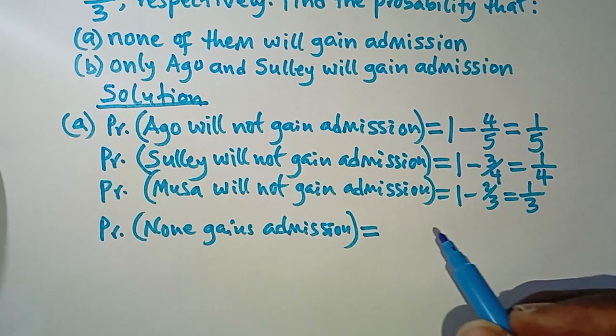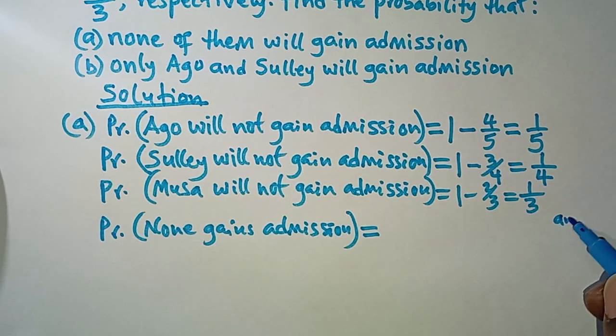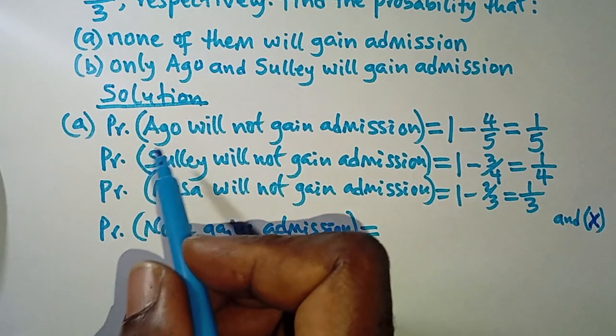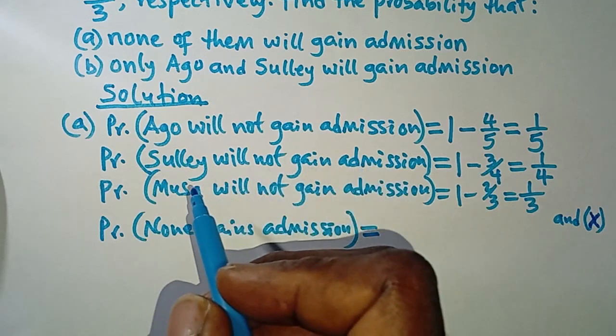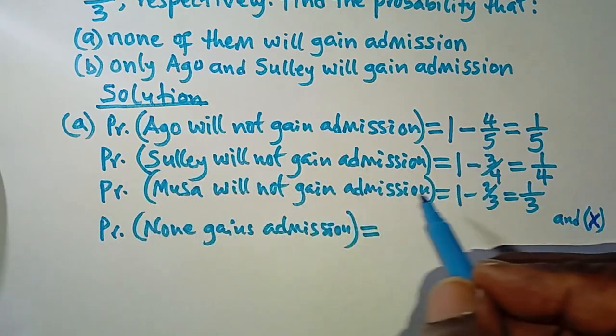So in probability, don't forget, and, that is A and D, represents multiplication. So when you say and, the operation to use to carry it out is multiplication. So when we are saying Ago will not gain admission and Sule will not gain admission and Musa will not gain admission.